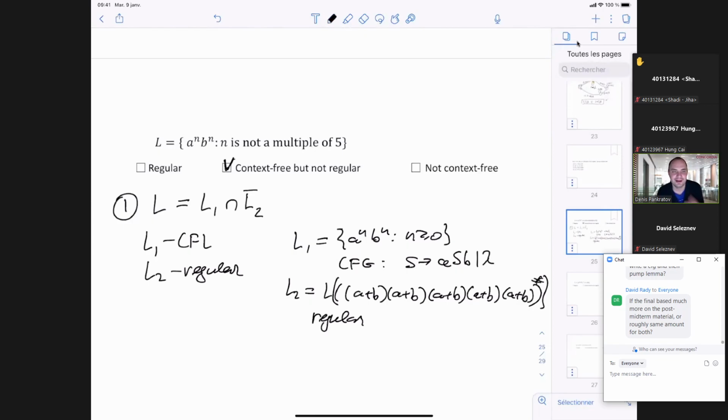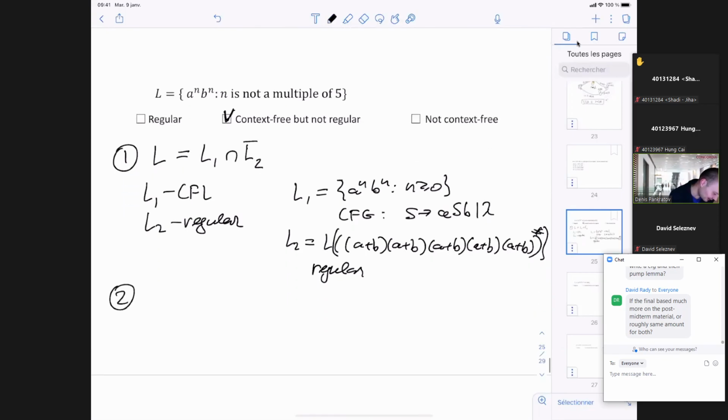If their length is not a multiple of 5, then 2 times that length is not a multiple of 5. So L is indeed equal to L1 intersection L2 complement. L2 is regular, L2 complement is regular, and the context-free languages have this regular closure property. So the resulting thing is context-free. So this proves that it is context-free.